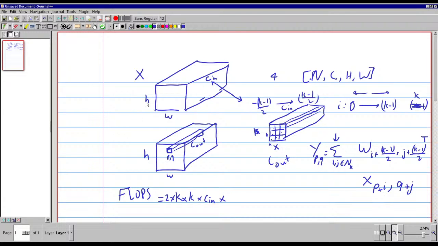Times however many pixels we have, H times W, times however many filters we want to give out, C out. So these are the flops.